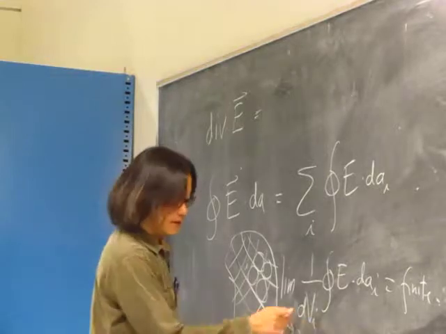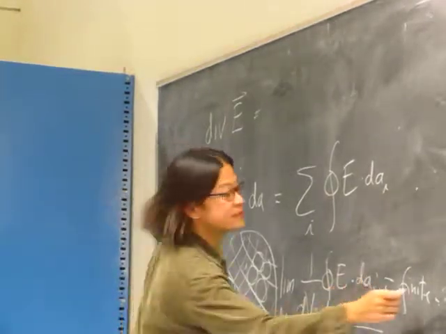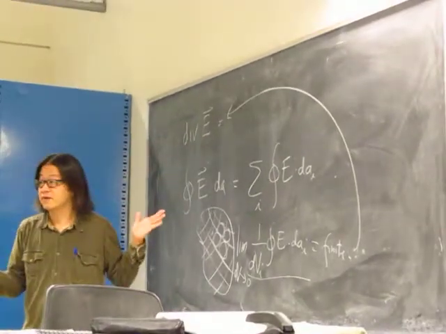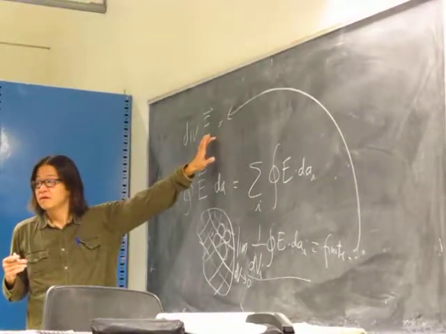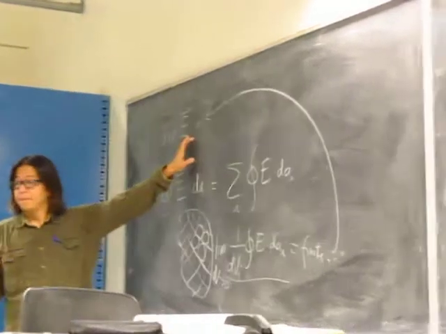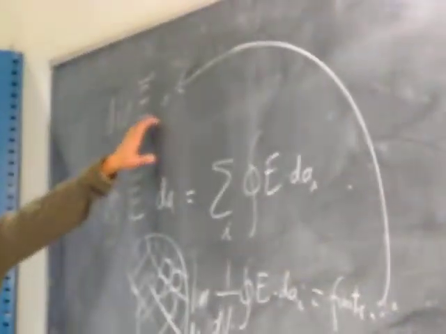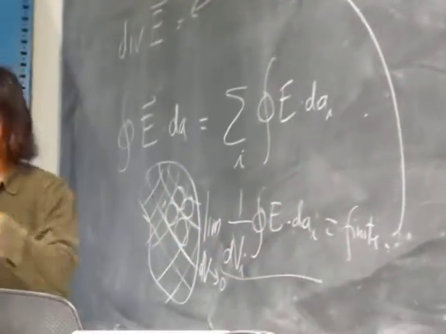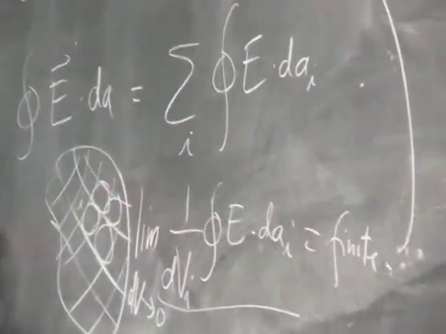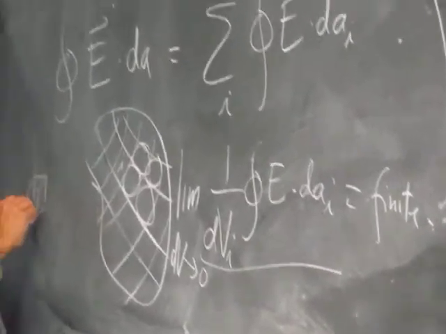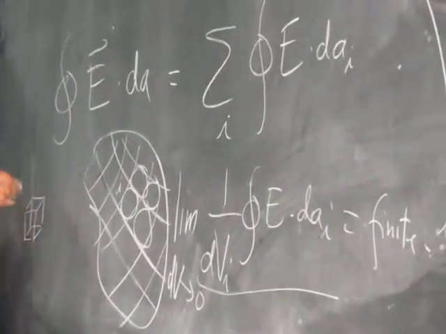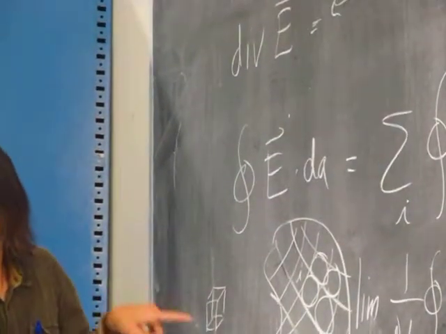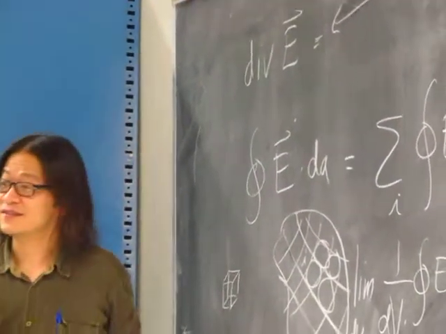So this limit exists, and this is actually the divergence. It can be any vector, it doesn't have to be a vector field. If I look at the flux over the surface of one element, and take the limit as I shrink the whole volume, that is the divergence.